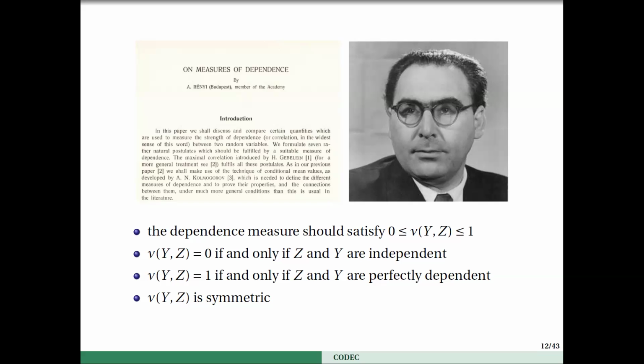The other property is that the ends of the spectrum, 0 and 1, should have meaning, in the sense that the measure is 0 if and only if I have independence, and the measure is 1 if and only if I have full dependence. And one other property that he required was that this measure would be symmetric in the inputs y and z.